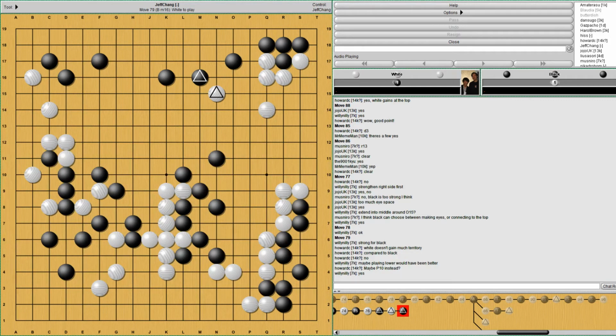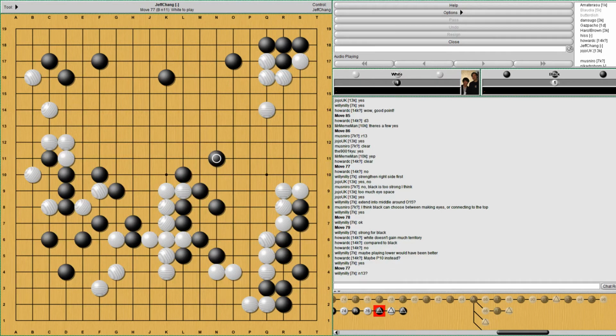Okay, and then I see another idea, maybe P10 first. And I can see P10 is something like this. And I see someone mentioned N13. Okay, no matter where, either it's this one or it is this one, I hope you noticed I just asked one question, which we have actually talked about in the earlier two examples. When we say we cannot do attacking directly, we need to threaten indirectly.